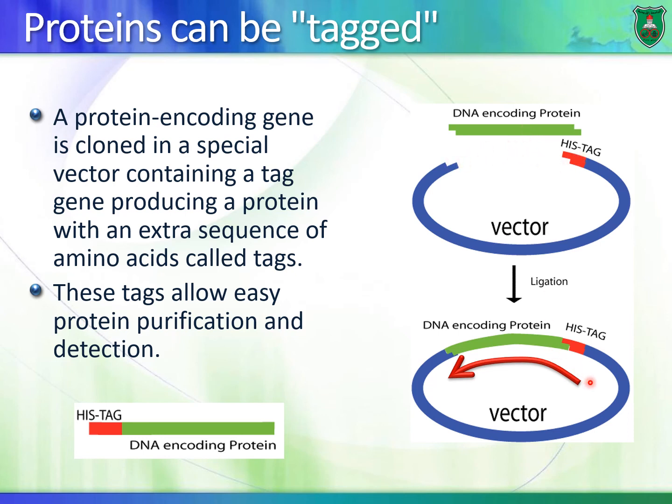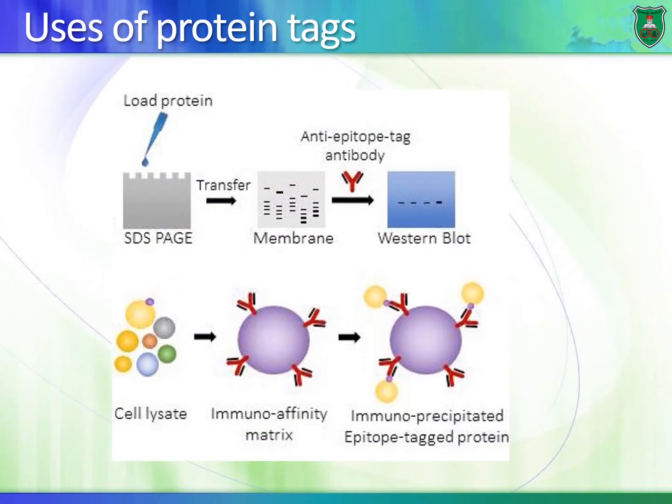So when the gene is expressed, and a protein is produced, it is produced with the tag that I've added. There are different types of tags, and these tags, tagged proteins, or the tags themselves, can be used to detect proteins, or they can be used for purification.